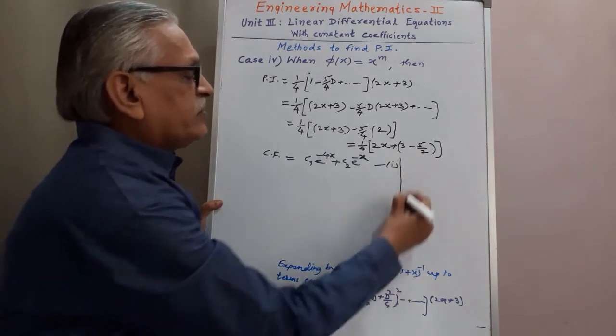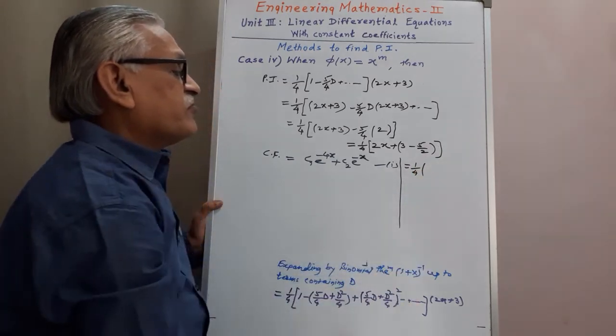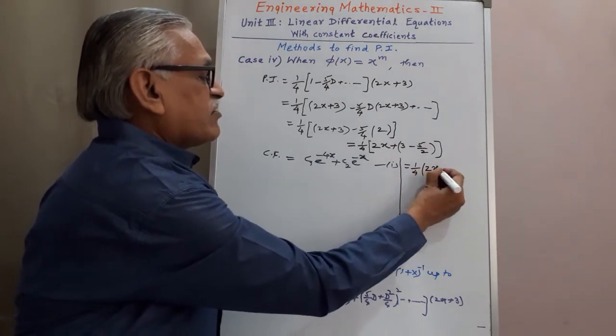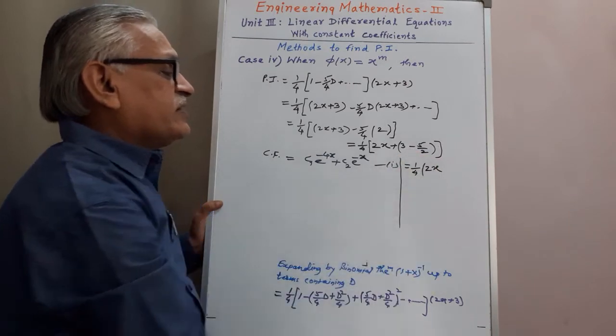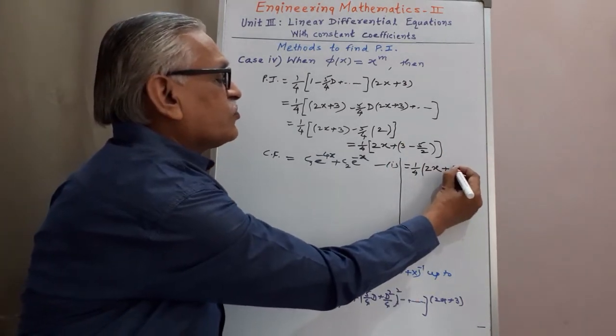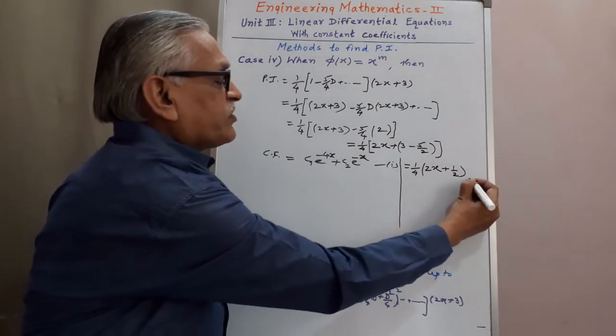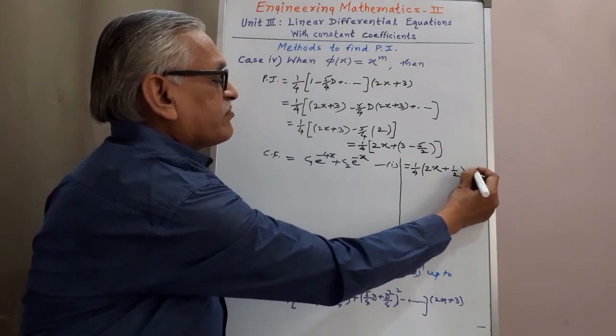And therefore, it is 1 by 4 times 2x, cross multiplying, 3 times 2 is 6, 6 minus 5, we get 1 by 2. We call this equation 2, Pi.